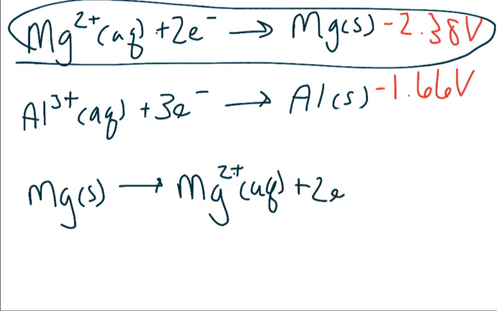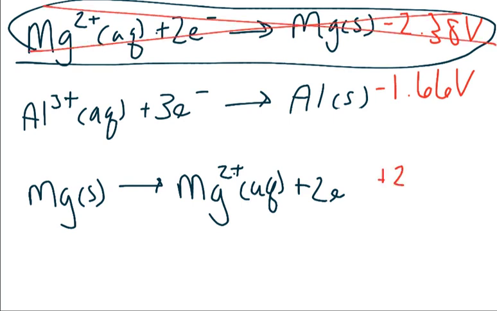Okay, so then if you've switched the direction of the reaction, now we will switch the sign of this electrode potential. Okay, to find the cell potential, you just add these together.